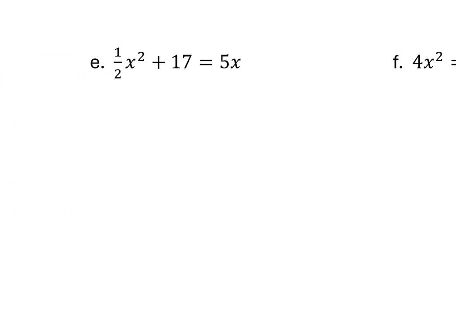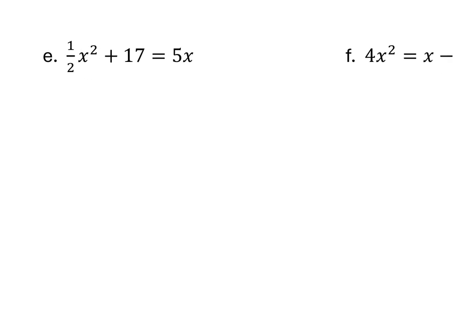Let's come over to E. One of the first things you may notice is we have a leading coefficient of 1/2, and I really don't like that. And we technically don't have to work with it. Because we are solving equations, remember that we can multiply by numbers in order to cancel denominators.